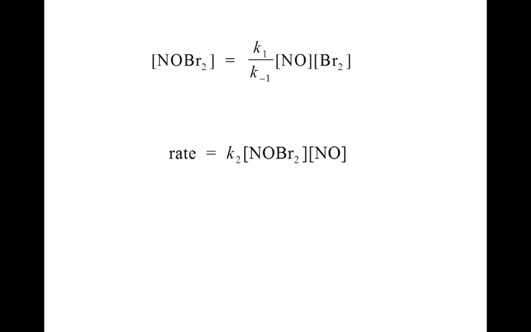So the molar concentration of our intermediate, based upon the fast equilibrium elementary step above our slow step, is equal to the rate law constant K1 divided by the rate law constant K -1 times the molar concentration of NO plus the molar concentration of Br2.